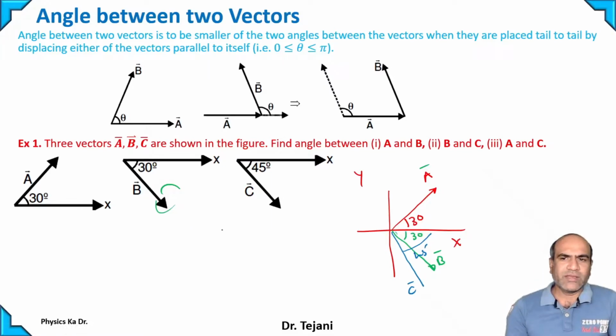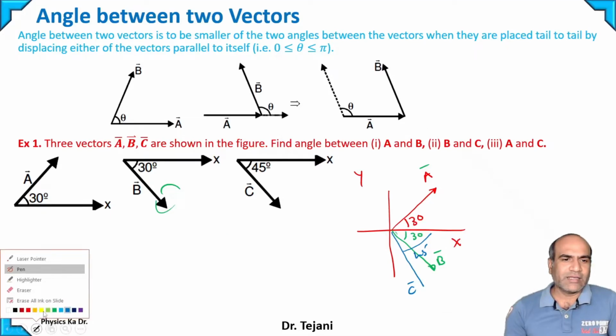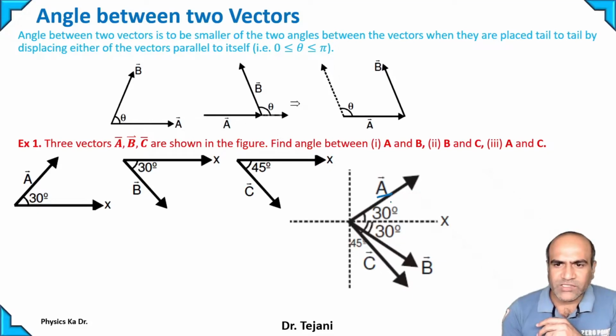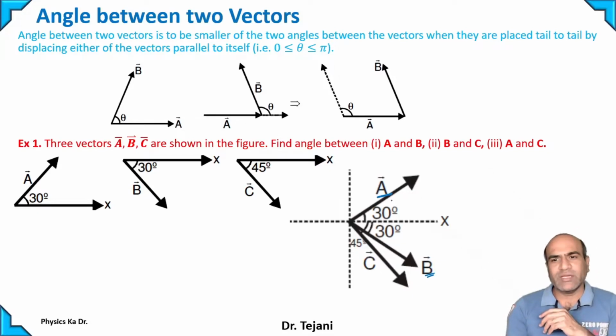And then we can directly solve it. The angle between A and B is 30 plus 30, that becomes 60 degrees. So the first answer is 60 degrees. Then B and C become 15 degrees.